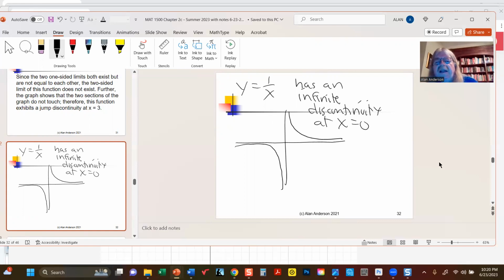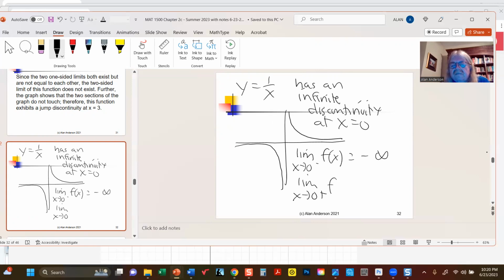Okay. And that's again because the limit, as we come from the left, is negative infinity. And so they're not equal to each other. Very good.